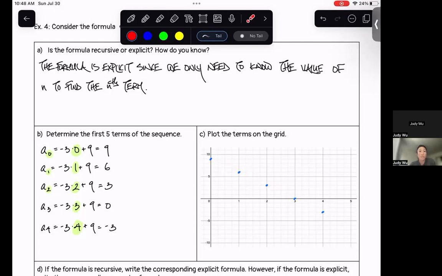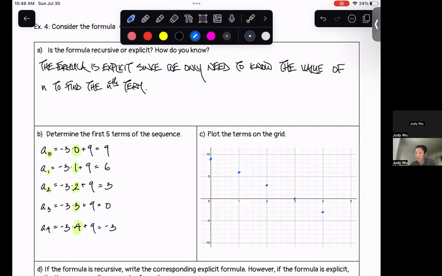One of the things that's important to know about sequences is that they are discrete functions, meaning we have a value for 0 and for 1 and 2 and 3 and 4, but we don't have a value for like 0.5 or like 1.1 or 2.8. It's only whole number values, integer values.